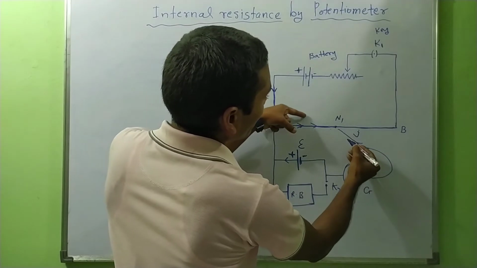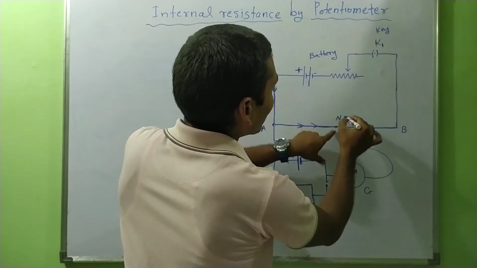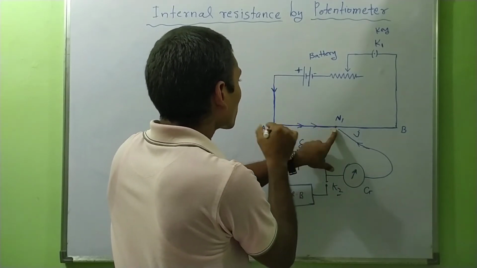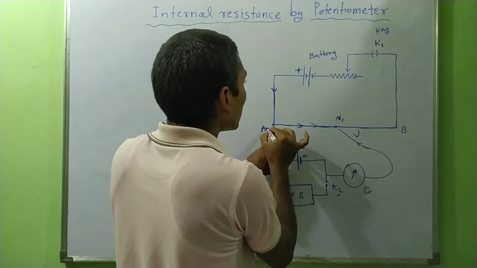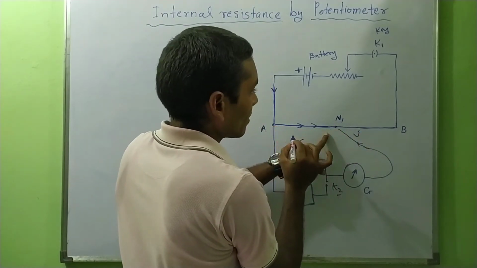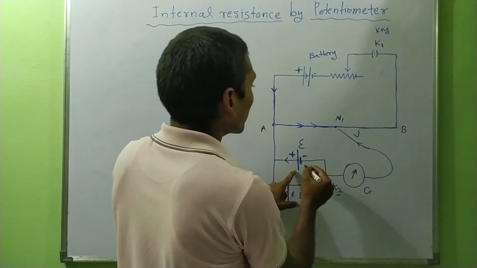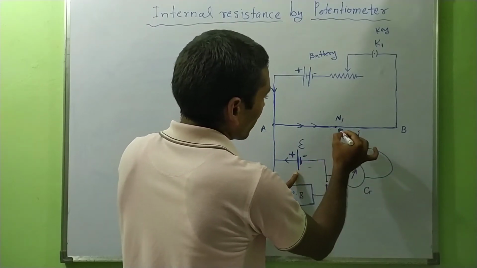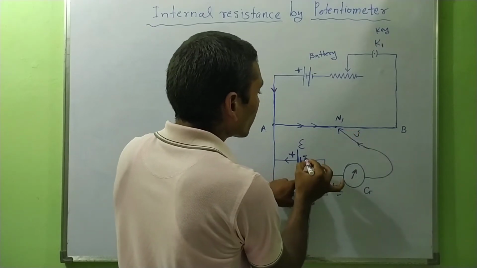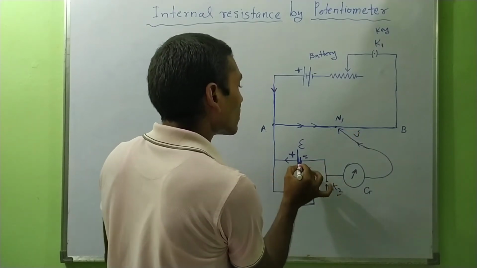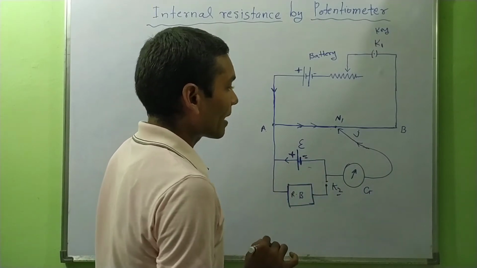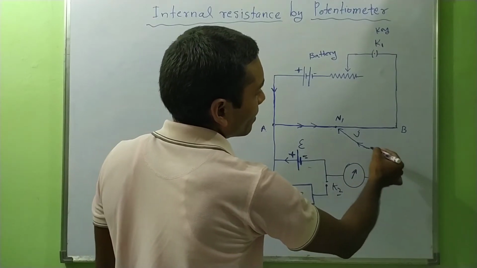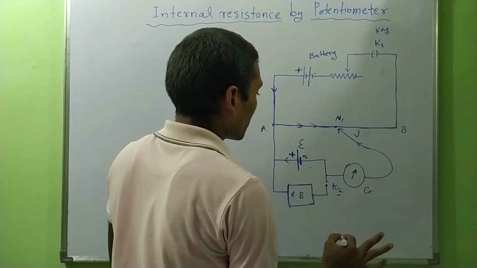These voltages are opposite, and at this end point the potential drop in the AN portion is equal to the potential at point J. The potential at point J is equal to the potential at the negative terminal of the cell, because this is a metal wire, so there is no potential drop there.